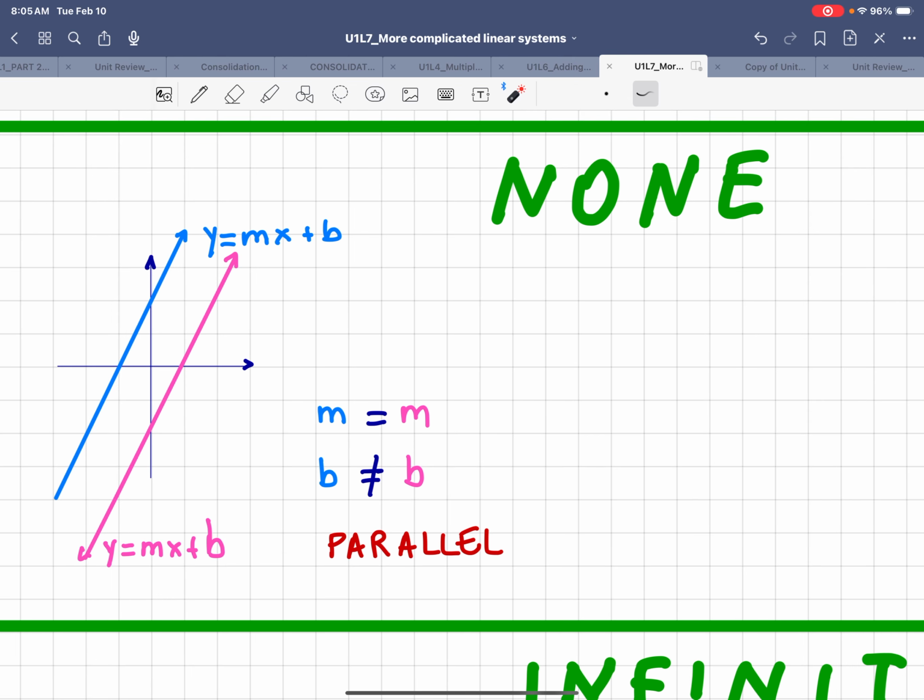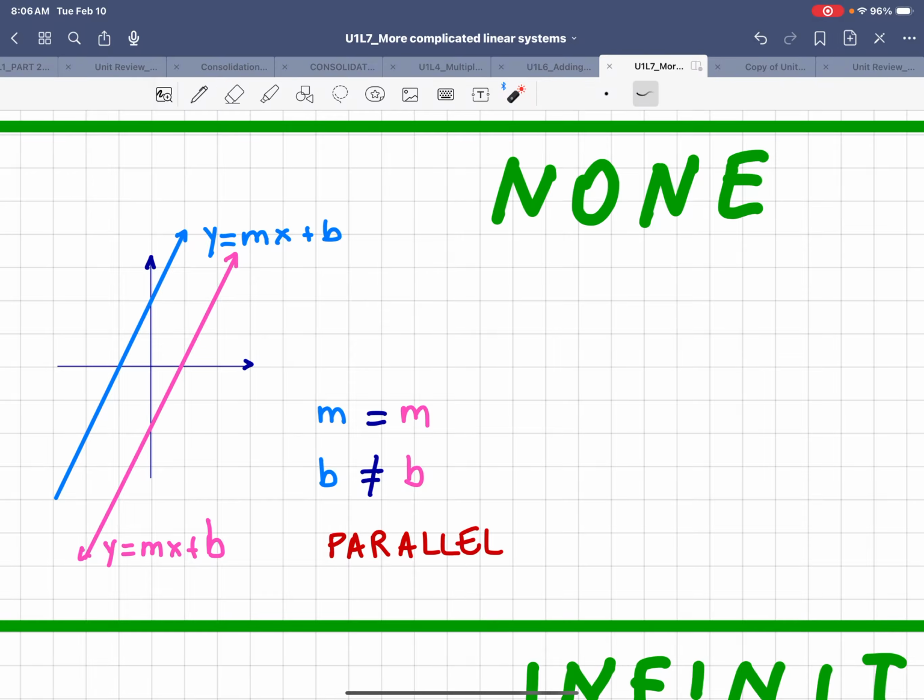If we have these two equations in a system, then there will be no common point of intersection, which means no solutions to the system of equations. And we call these two lines parallel. That happens when the slopes are the same, and very importantly, the y-intercepts are different, because the y-intercepts being different creates this gap between the two lines and makes them parallel to each other.